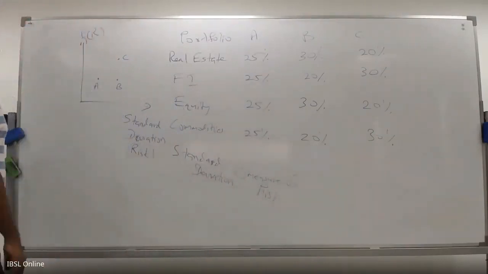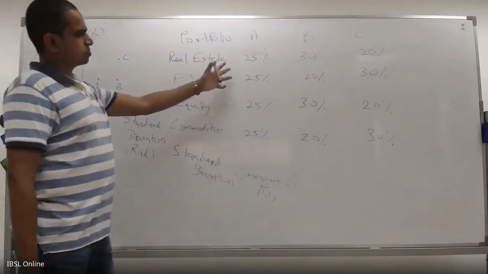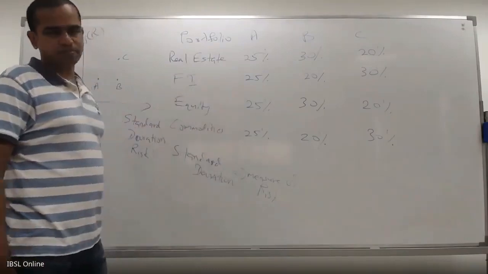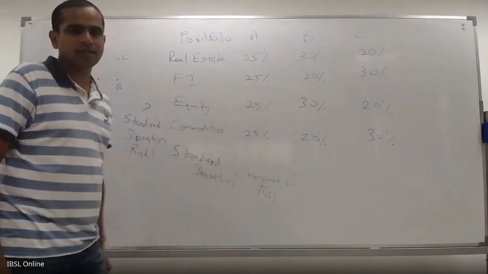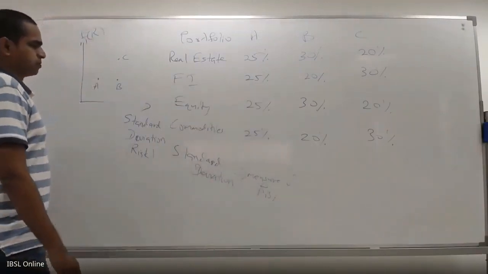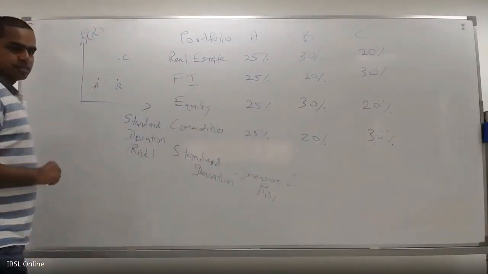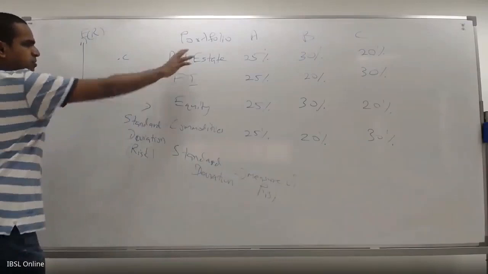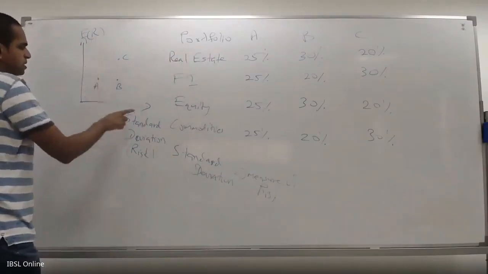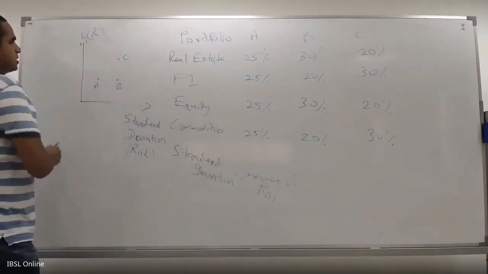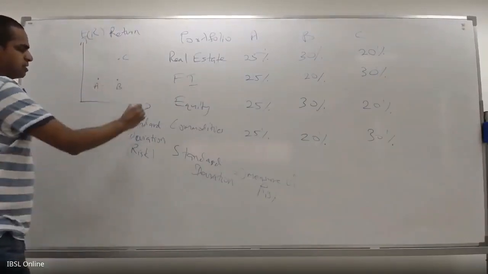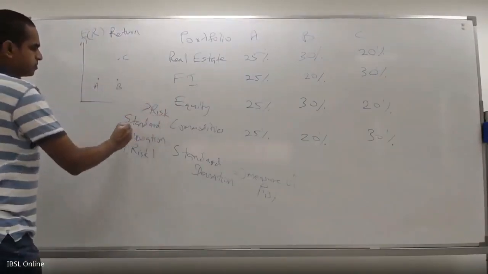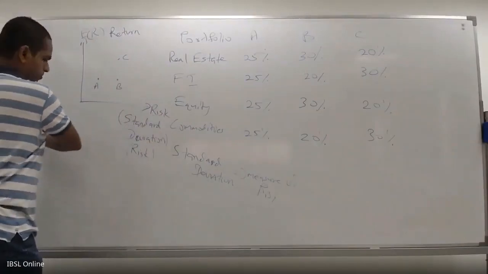So you're not investing entirely in real estate or fixed income. You have different combinations which give you various returns and risks. So there are three portfolios giving you various combinations of return and risk. This is your return, and here you have the risk, which is measured by standard deviation.